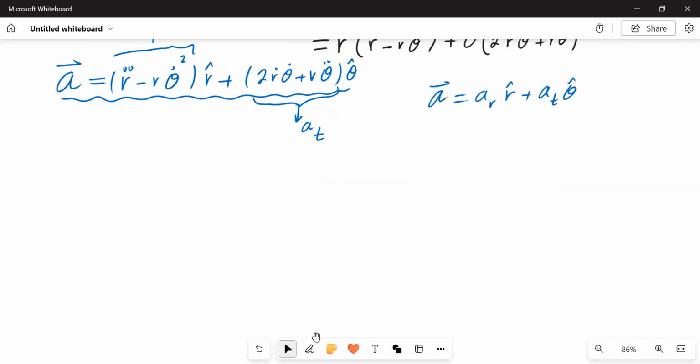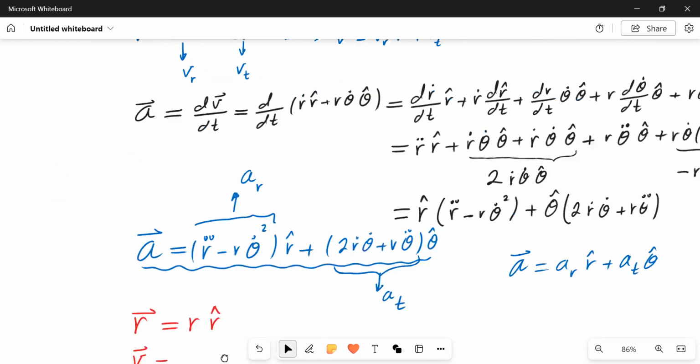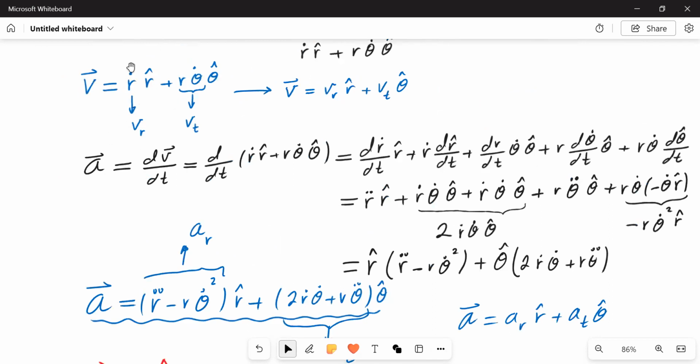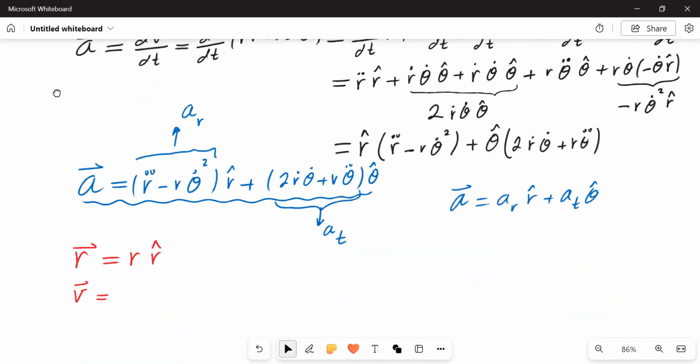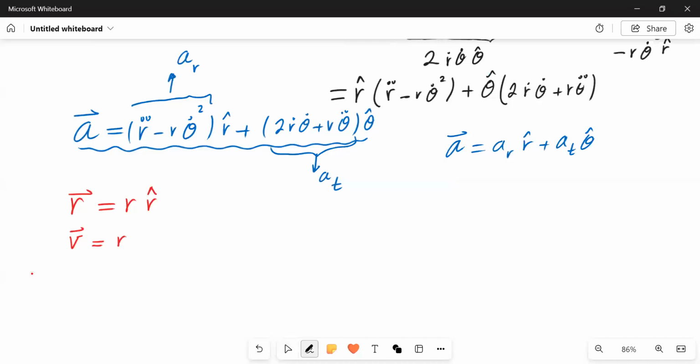So let's put everything all in one package together. So first of all, r, the position vector, was given by this simple relation. The velocity vector was given by this relation, r dot r hat plus r theta dot theta hat.